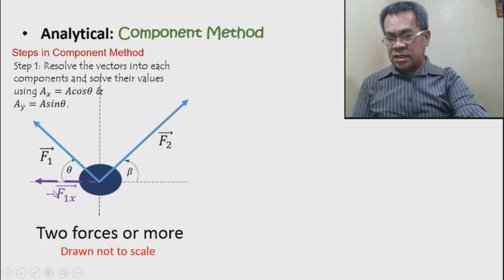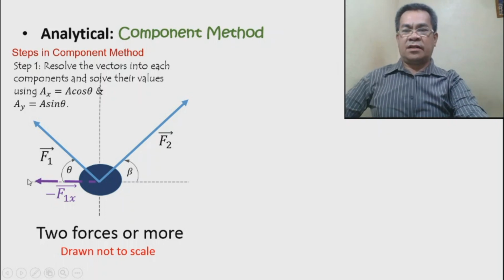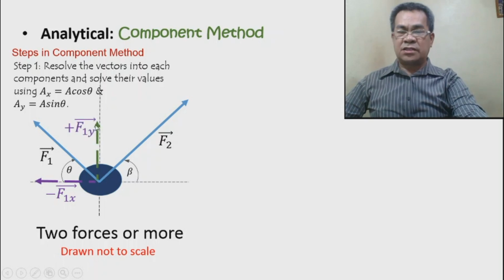Now take note, this is negative x because this is towards the negative x axis. And the y component is constructed at the tip, projected as a horizontal line towards the vertical axis. So therefore, your y component must be in this direction.